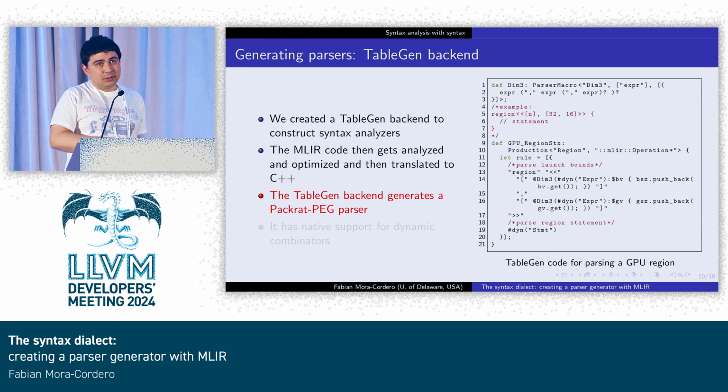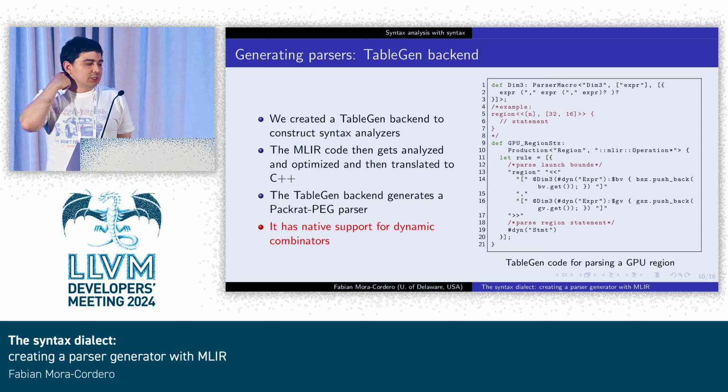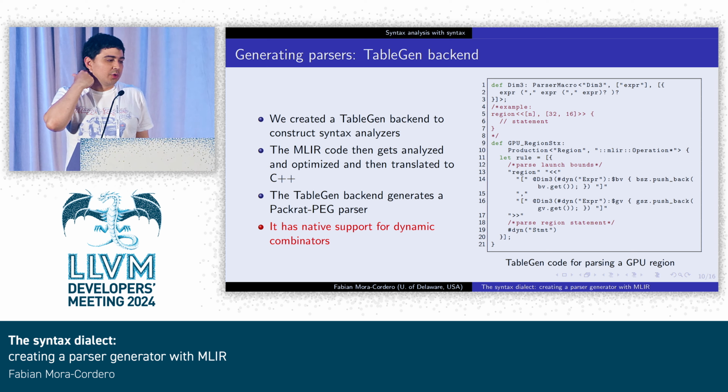Now, in my particular case, I was interested in generating parsing expression grammars instead of traditional things like LR parsers. And as I said before, this has native support for dynamic parsing combinators.